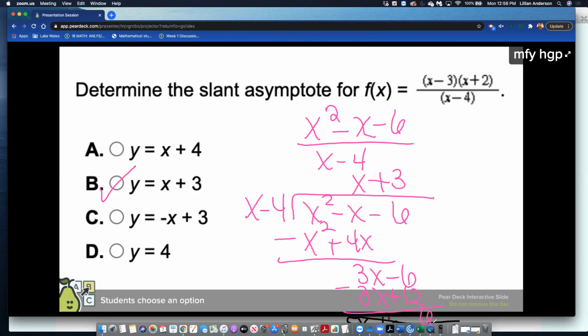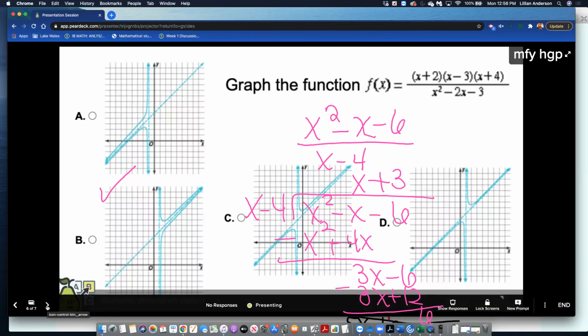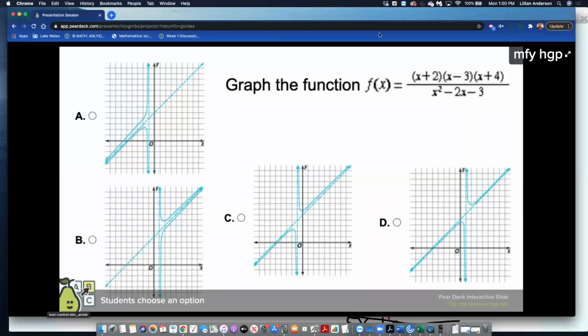Very good. The last one we'll do is this one. Graph the function. No, the picture doesn't have any of them, but were there any holes, out of curiosity? Yes, there were.